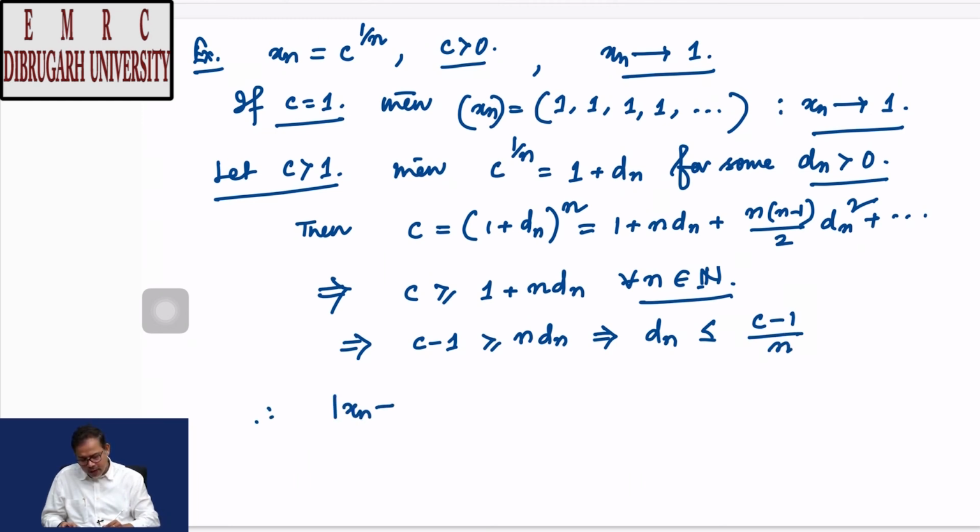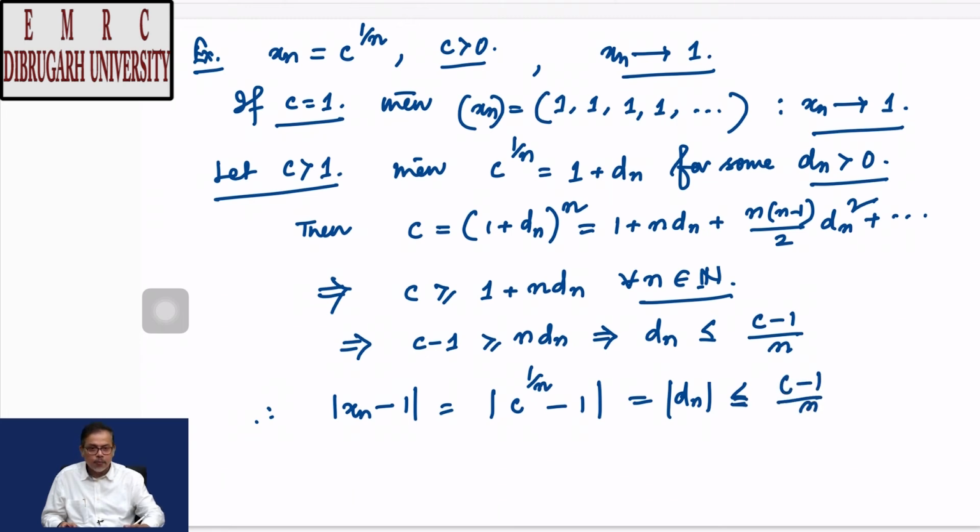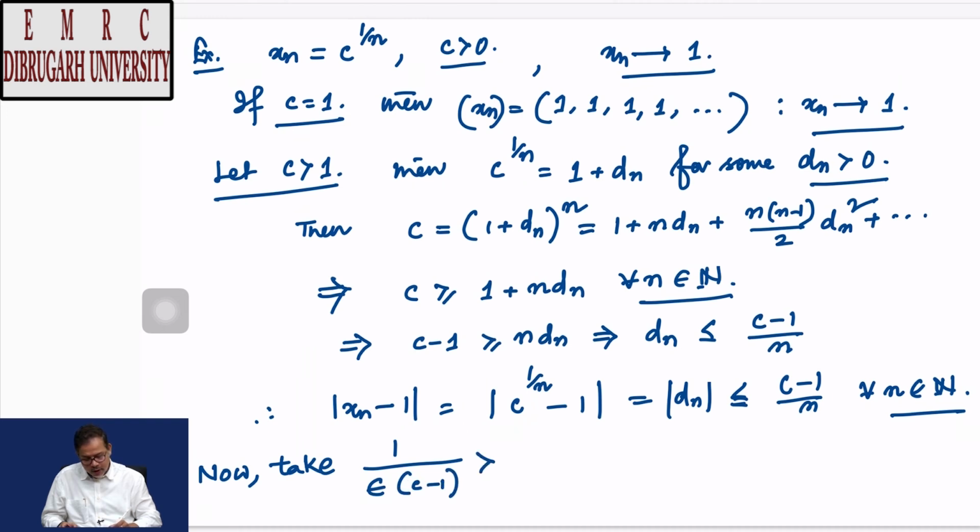Therefore, xn minus 1, the original expression c to the power 1 by n minus 1, is equal to dn, but dn is now less than or equal to (c minus 1) by n for all n. Now, take 1 by epsilon into (c minus 1) to be greater than 0.